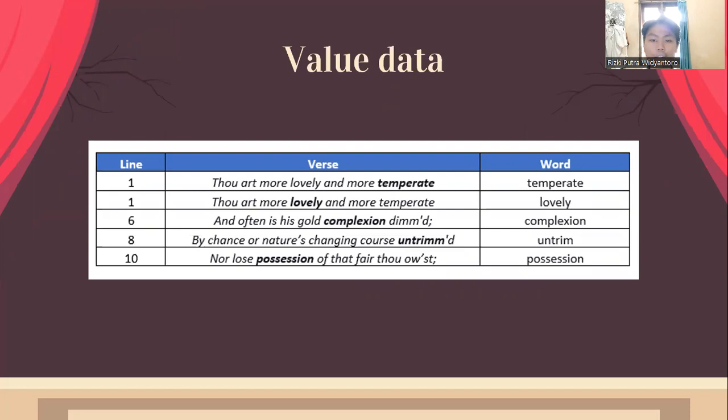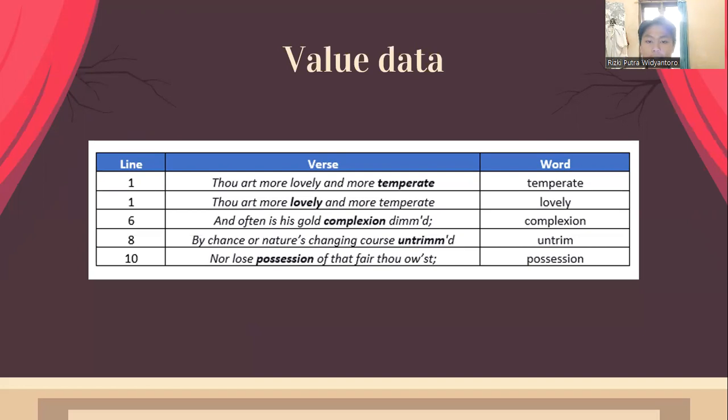In the first line, thou art more lovely and more temperate, the word temperate is classified as a derivational morpheme. Second, in the same line, the word lovely is classified as a derivational morpheme. Third, in the sixth line, and often is his cold complexion tint, the word is complexion.